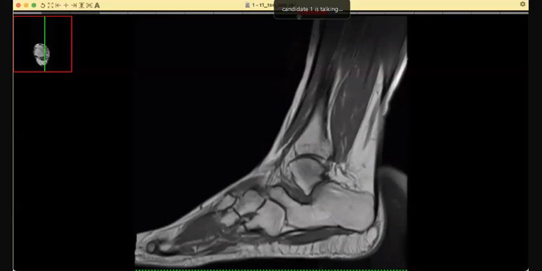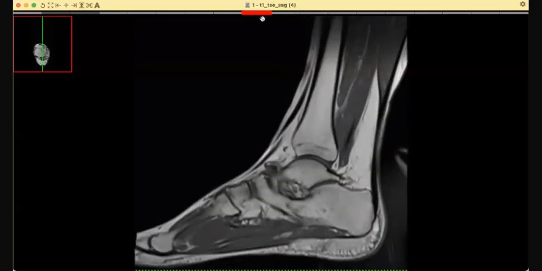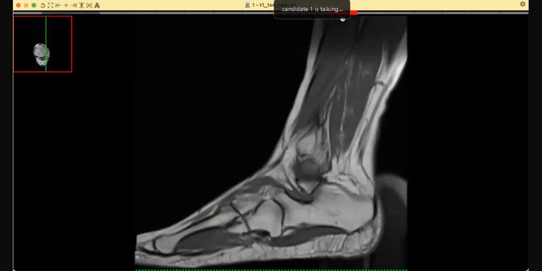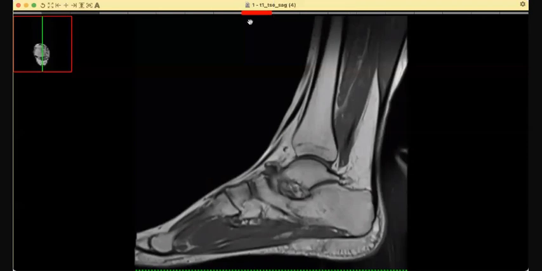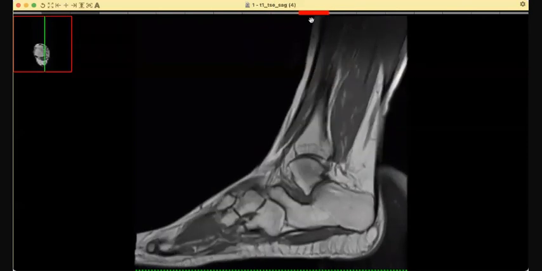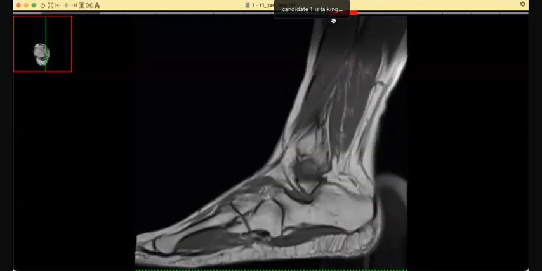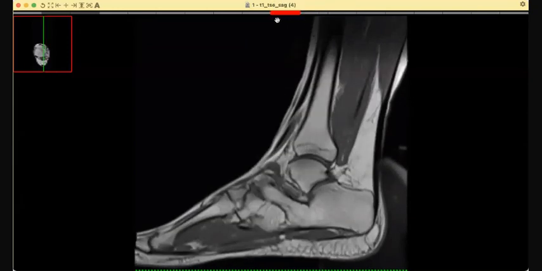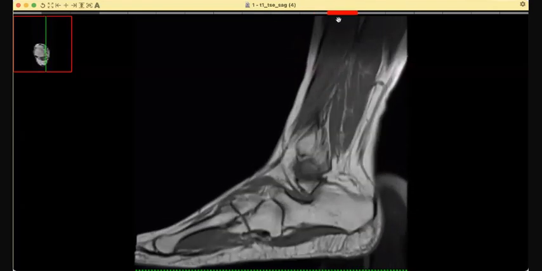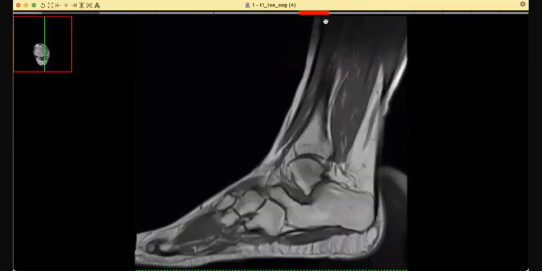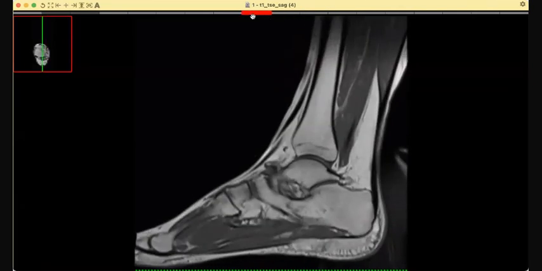It looks like there is a coalition between the calcaneus and the navicular bone. What kind of coalition is this? Calcaneonavicular coalition. Right. And pathologically speaking, how many types of coalitions are there?